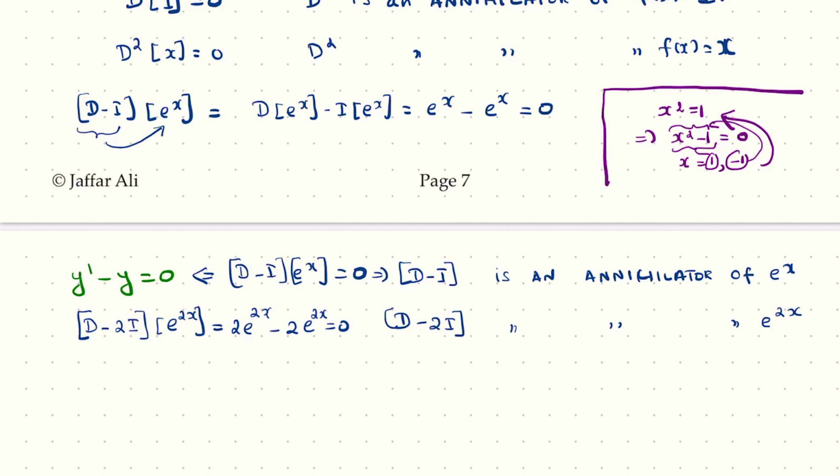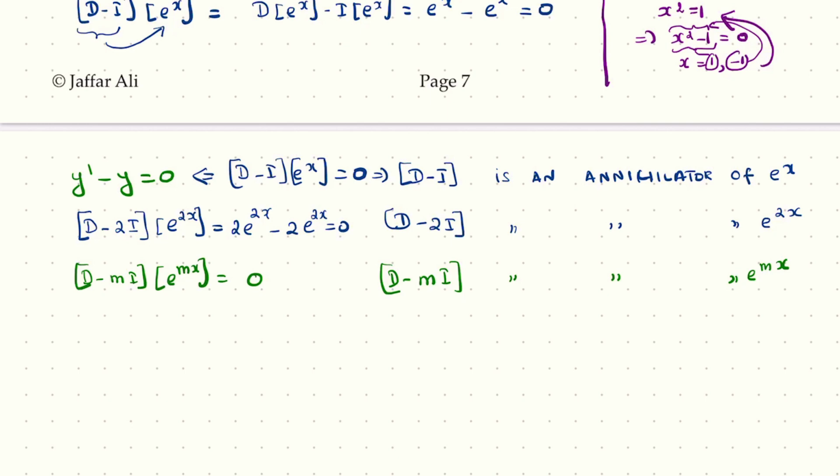Now in general, ladies and gentlemen, if you really look at the pattern, I can write down in general that d minus mI of e to the mx is going to give me a 0. Therefore I can say d minus mI is an annihilator of e to the mx.